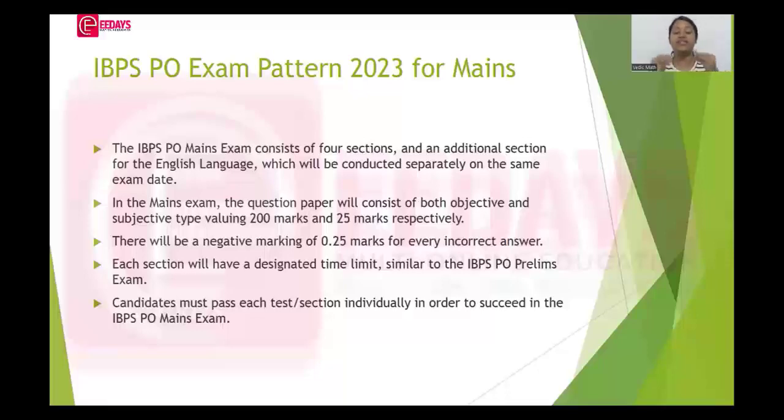Don't ever lose positions like that. It's very difficult, and when you fall like that, to regain your self confidence and come back to studying is very difficult. So be very cautious because it has negative markings.